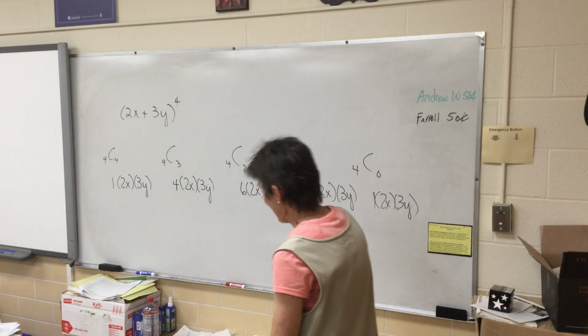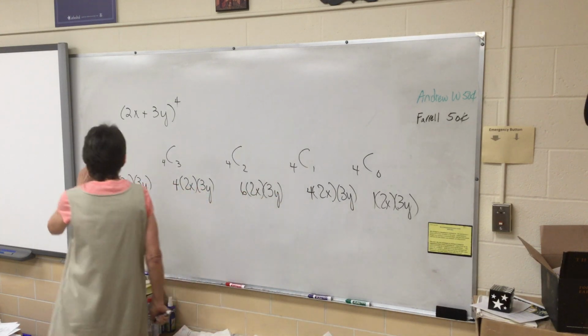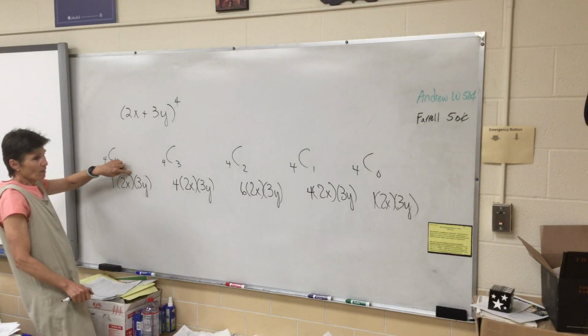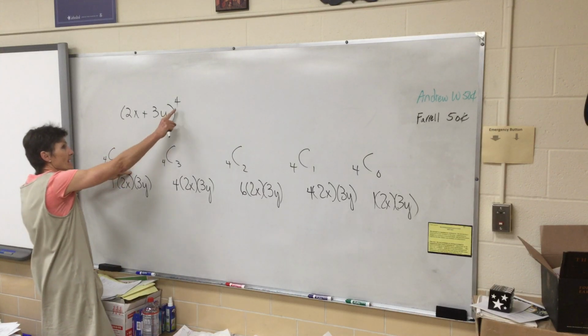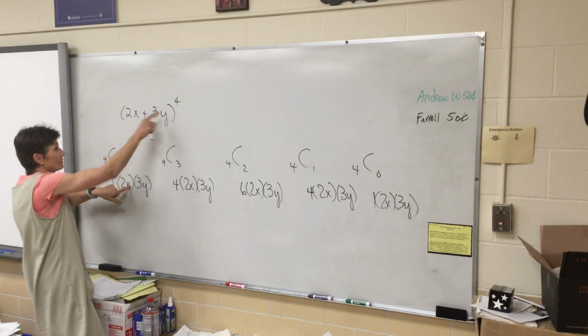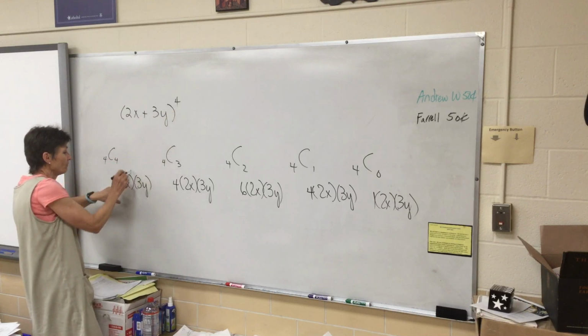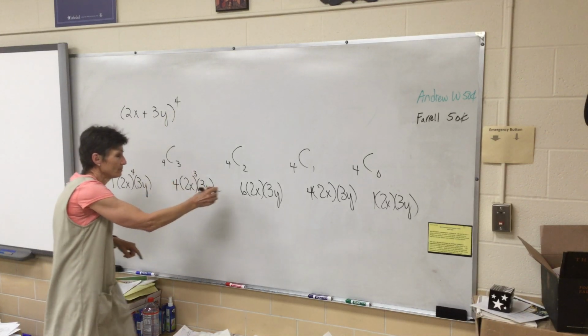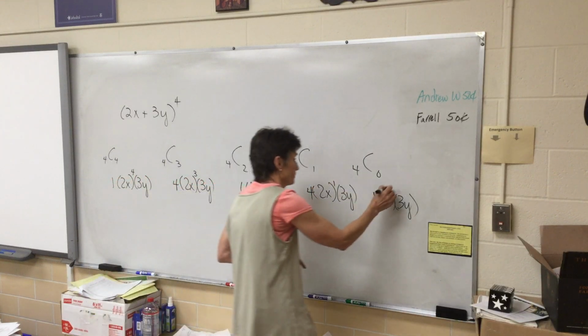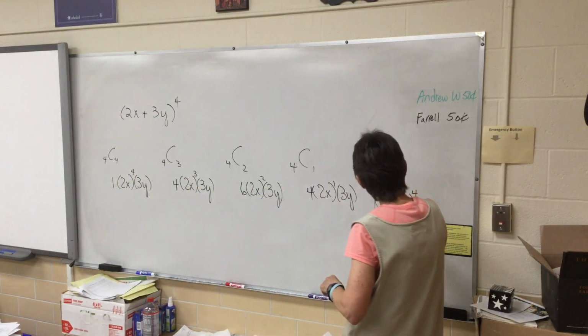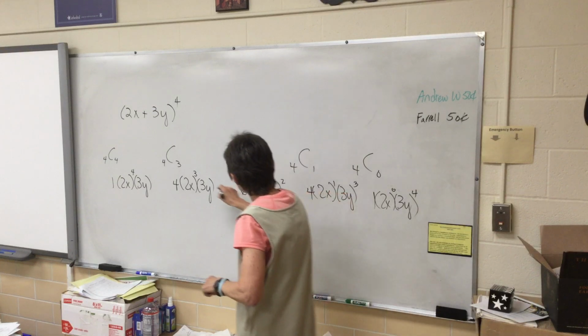Now, you got to put the exponents on. So the exponents on the x, the first term here, are going to start with 4 and count down. And then we're going to do the same thing with the y's, in the other direction.